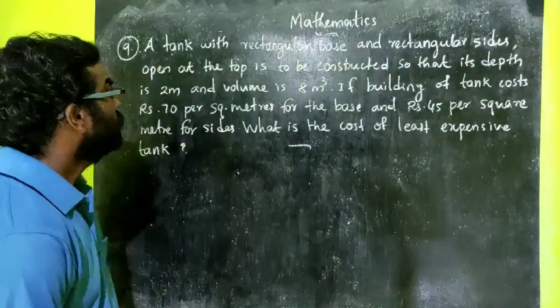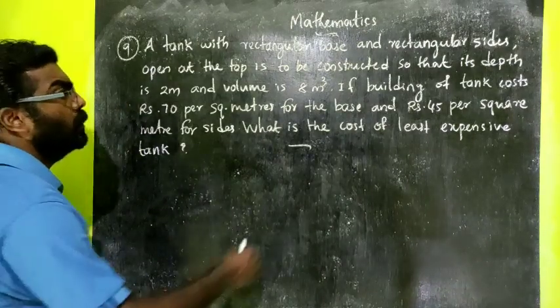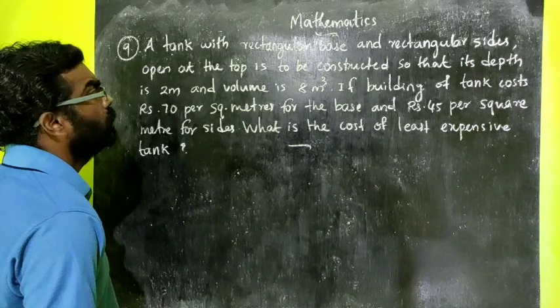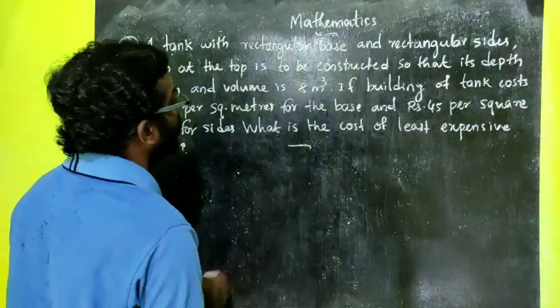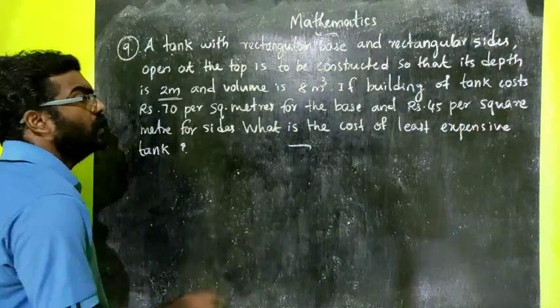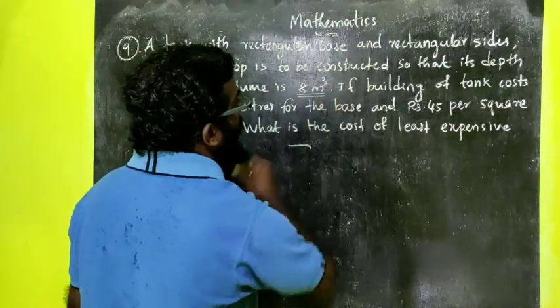Now the next question is, a tank with rectangular base and rectangular sides open at the top is to be constructed so that its depth is 2 meter and volume is 8 meter cube.